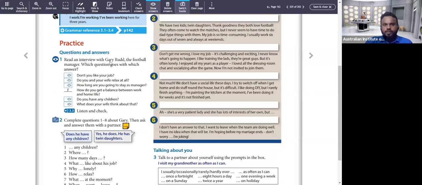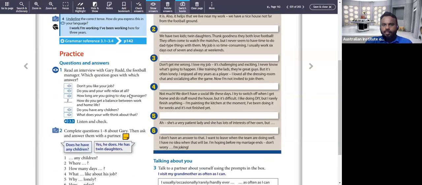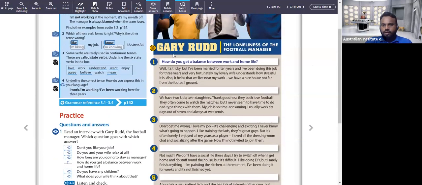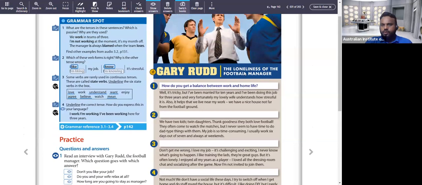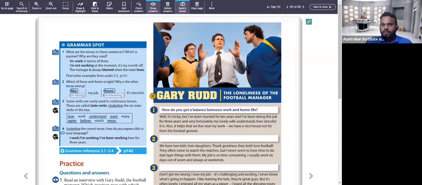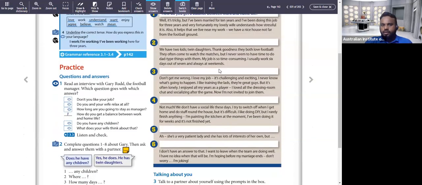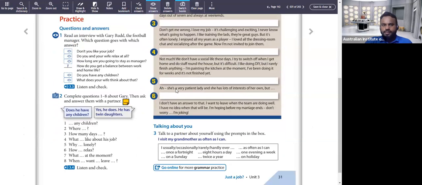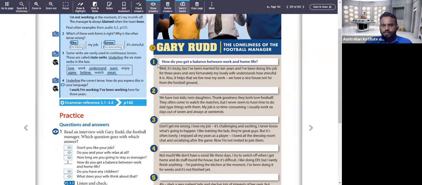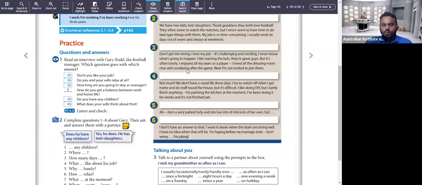Read an interview with Gary Rhodes, the football manager. Which question goes with which answer? We're going to listen to the interview about the loneliness of the football manager. Based on the listening, we have to see which paragraph goes with which heading.